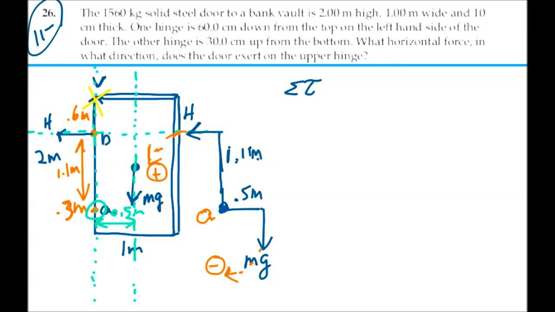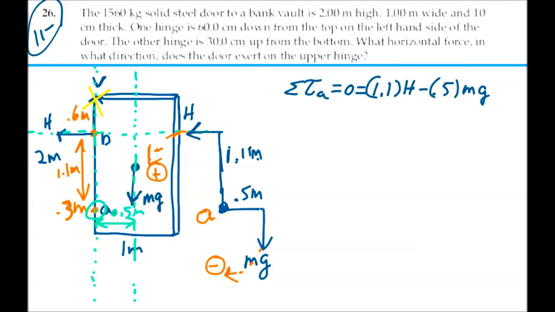So the summation of all the torques about A is 0. That's equal to 1.1 times H minus 0.5 times mg.